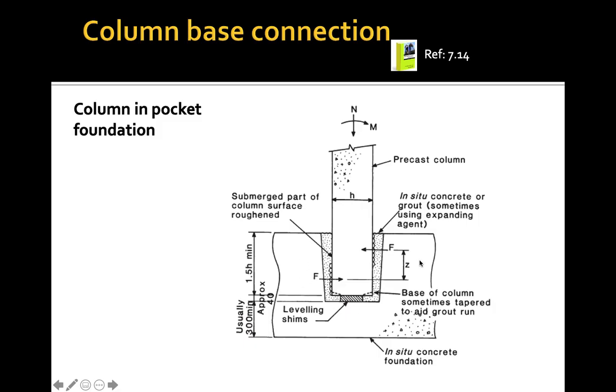The submerged part of the column surface is roughened, and in situ concrete or grout is placed at this part. So this is an example of having a column in a pocket foundation.